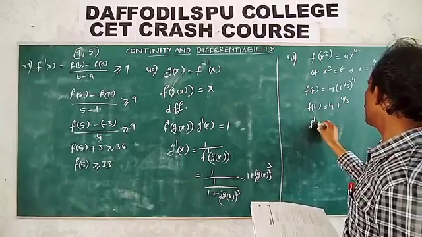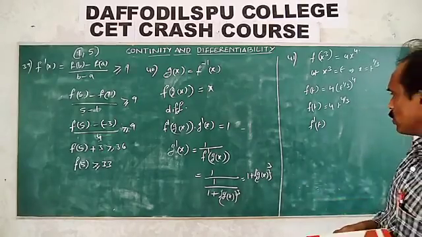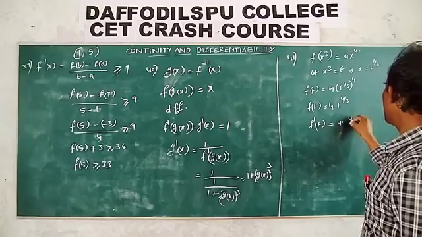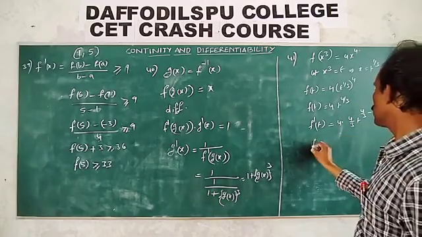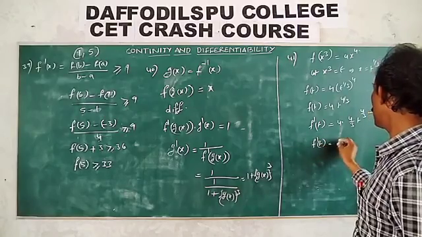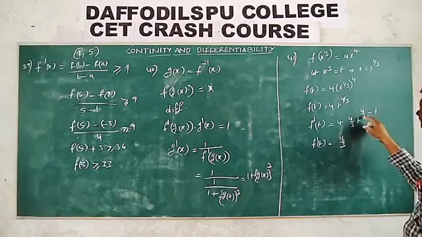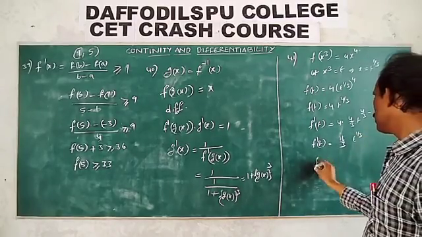So therefore f dash t. They ask for f dash 8 value. The derivative f dash t is equal to 4 into n into t to the power of n minus 1. So f dash t is equal to 16 by 3, t to the power of 4 by 3 minus 1, which is t to the power of 1 by 3.